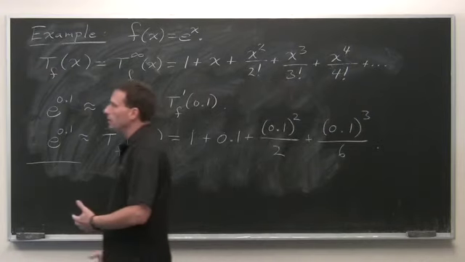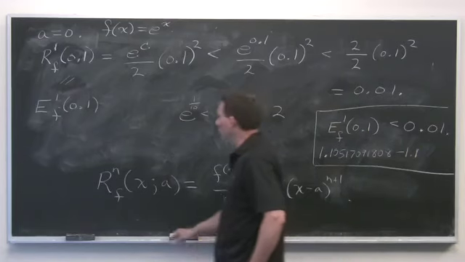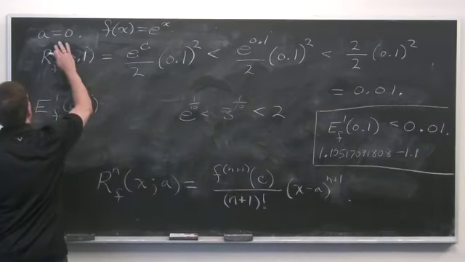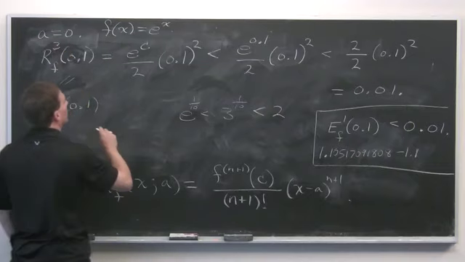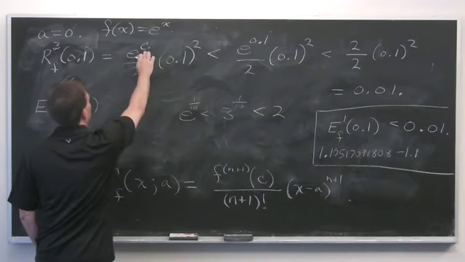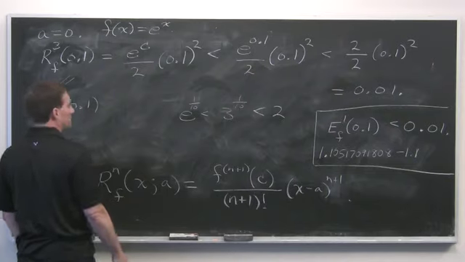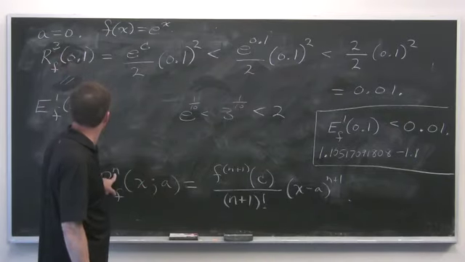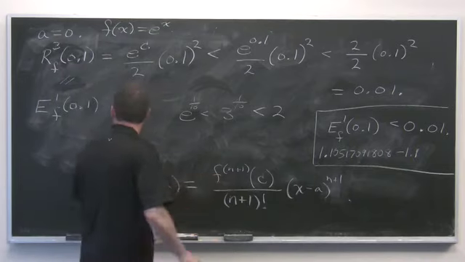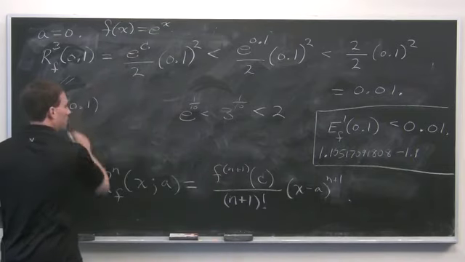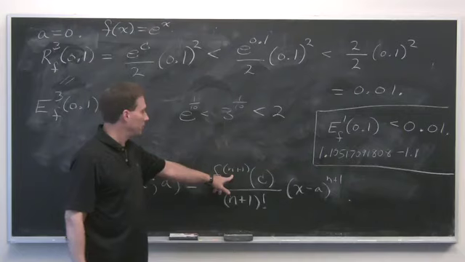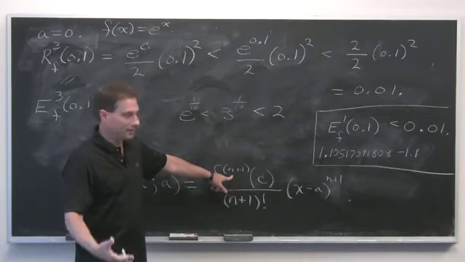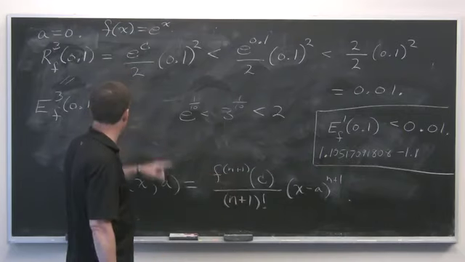Does it? Yes. So what happens if we change this to a 3? Well, that would still stay as e to the c, right? So you change the n to a 3. You'd get the fourth derivative of f, but it's still e to the x, evaluated at c, so we still get e to the c.